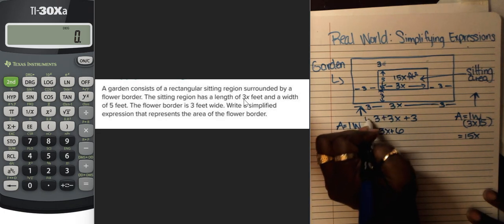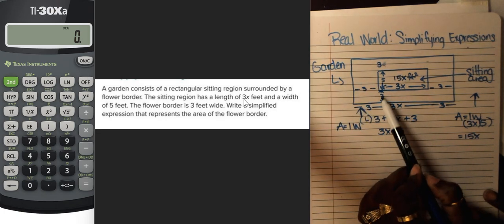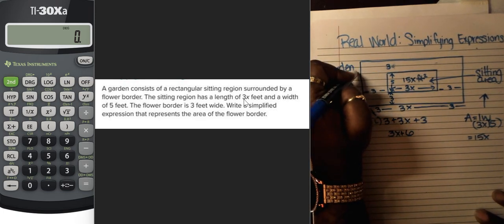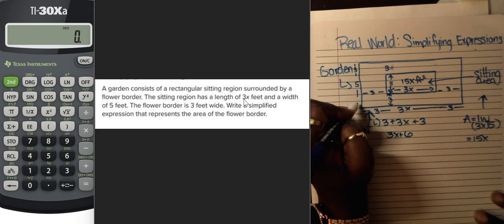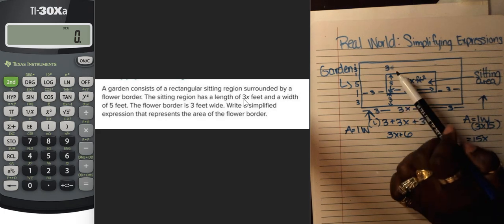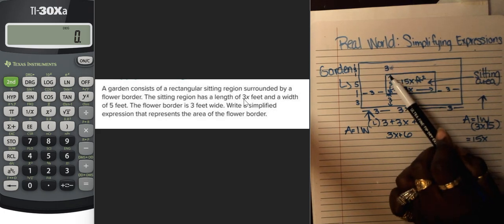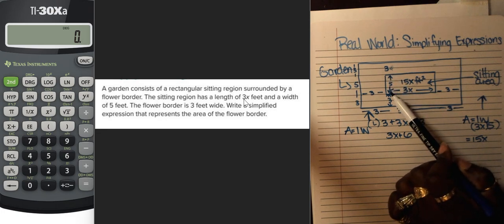Okay. And then our width is going to be 3. And then, let's see, we've got 3 here. We've got 5 here. And then you've got 3 here. So just to show you what I did, we've got 3 here to take us to this point. We've got 5 to take us from the beginning to the end of our sitting area.